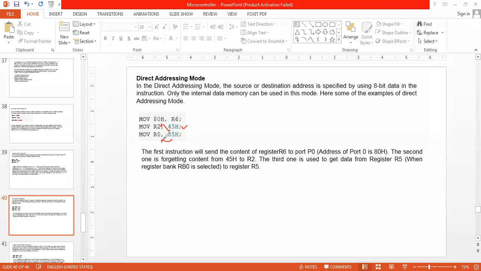The name of that 05H memory location is R5. We know that, so I cannot write R5 here, by the previous rule of register addressing mode. Instead I can write the address of that R5, that is 05H. The data of 05H is going to be stored into R0. So indirectly, the data of R5 is going to be copied into R0 in this last instruction.